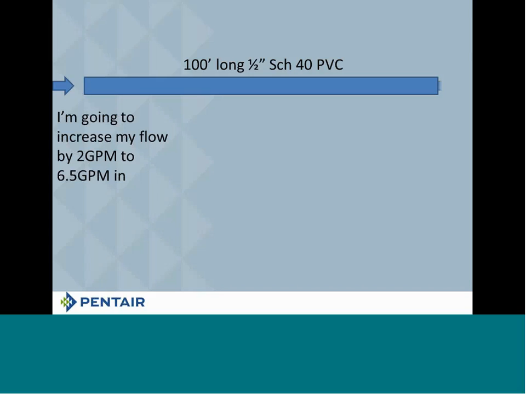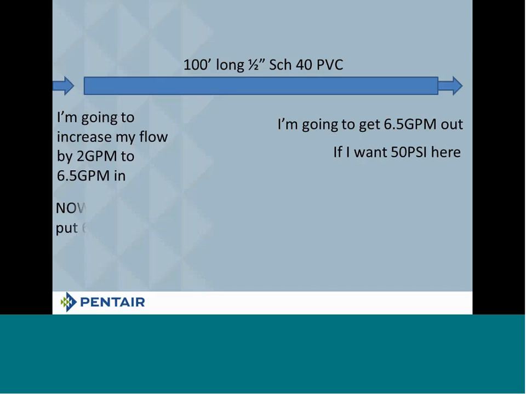Now, once again, on the output side, I still want 50 psi. So if I want 50 psi there, what do I have to do on the input? I've got to put in at least 66. Very important to understand that.